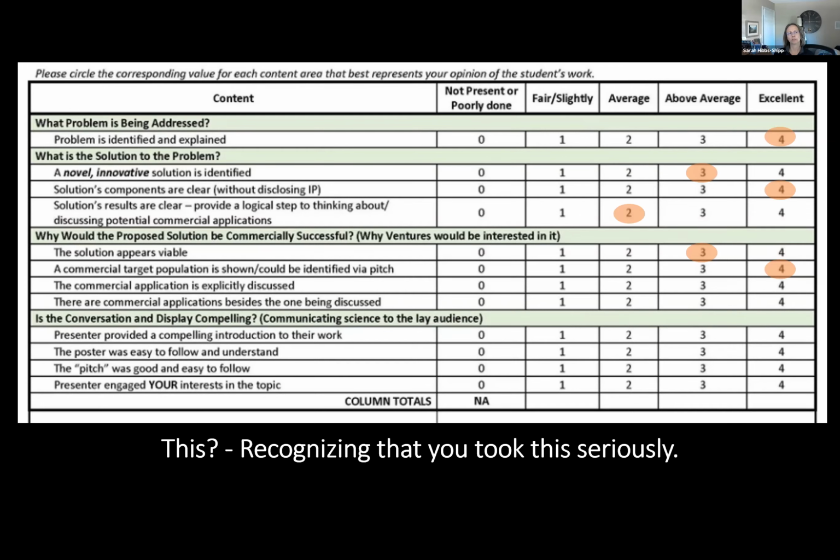So it ends up being a 10-point scale instead of a 4-point scale, but the questions themselves are exactly the same.